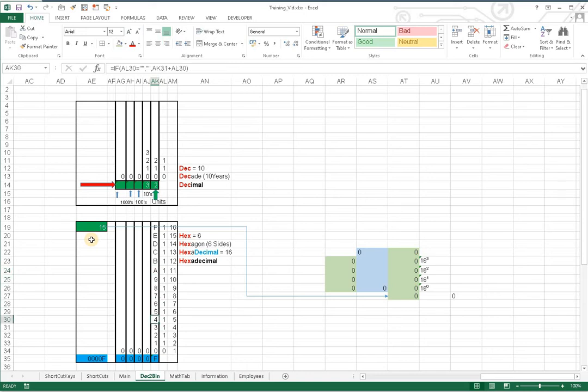I have put in 16 different characters, starting with 0, 1, 2, 3, 4, 5, 6, 7, 8, 9, A, B, C, D, E, F. So I have put 16 different characters into the first position.